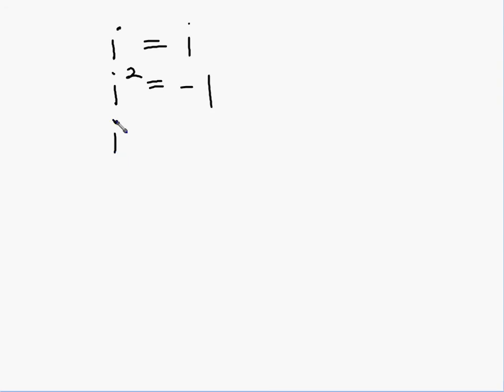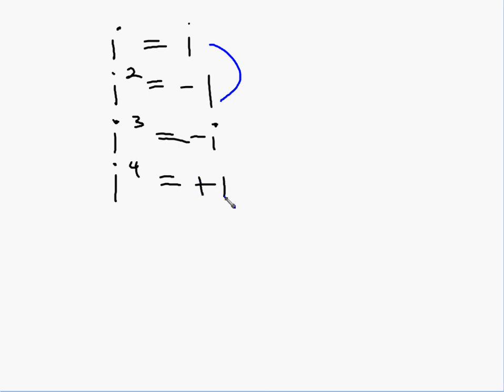What is i to the third power? It would be negative i, because it'd be basically these two multiplied together, right? So what would i to the fourth be? It would be positive 1.